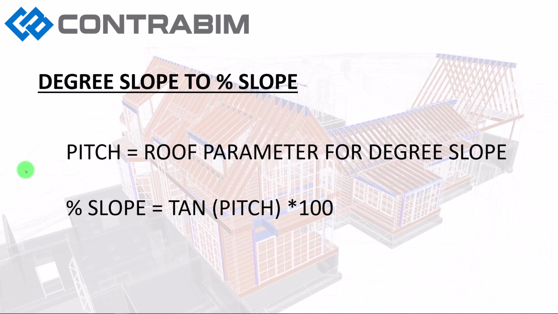This is a very simple formula. We'll get into the expression editor and set this up, and this will be our baseline starting point. Of course, we'll output this into a number format because it essentially results in a number. If we did want to tag on the percent symbol, then we'd have to convert that to a string and concatenate it with the percent symbol. But for the most part, we can just leave this as a number format.